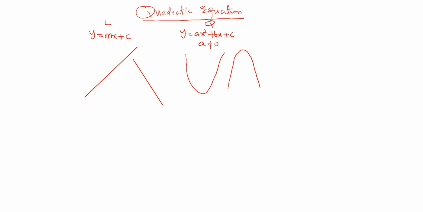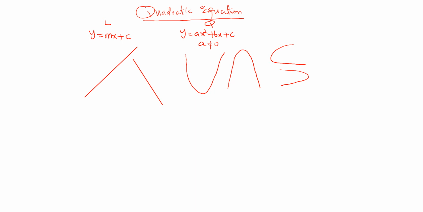It depends on the way we have it. Sometimes it can also be like this or like this. But in most cases, the quadratic equation we deal with is usually of these first two forms. So that is what you can see as the difference between linear equation and quadratic equation.